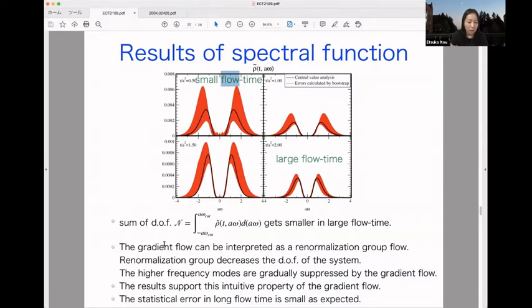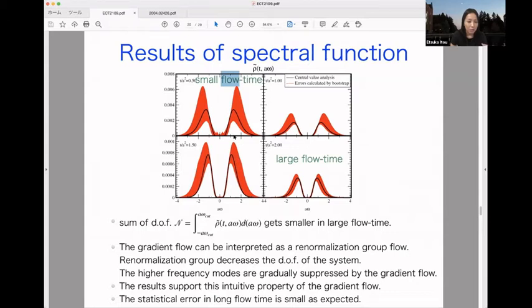Let me remind you that gradient flow can be interpreted as a renormalization group flow, and the renormalization group flow decreases the degrees of freedom of the system. In particular, we focus on the high frequency modes here, here, here, and here. We find the high frequency modes are gradually suppressed by the gradient flow. So these results support the intuitive property of gradient flow as a renormalization group flow.